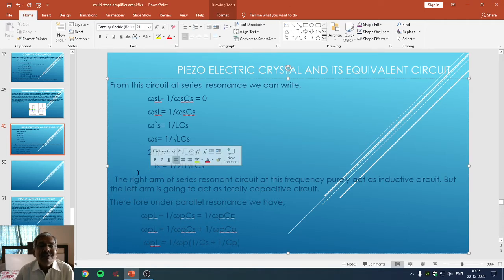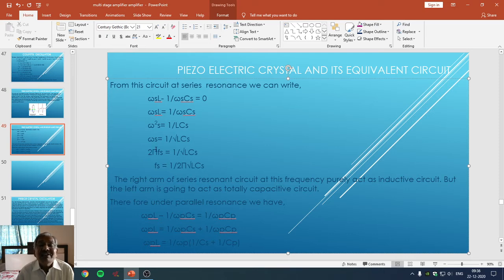Now friends, the right arm of the series resonance circuit at this frequency purely acts as an inductive circuit. That means this type of frequency is possible for us to generate only if the crystal behaves like an inductive circuit. Means you have to connect this crystal as a part of the tank circuit as an inductor.